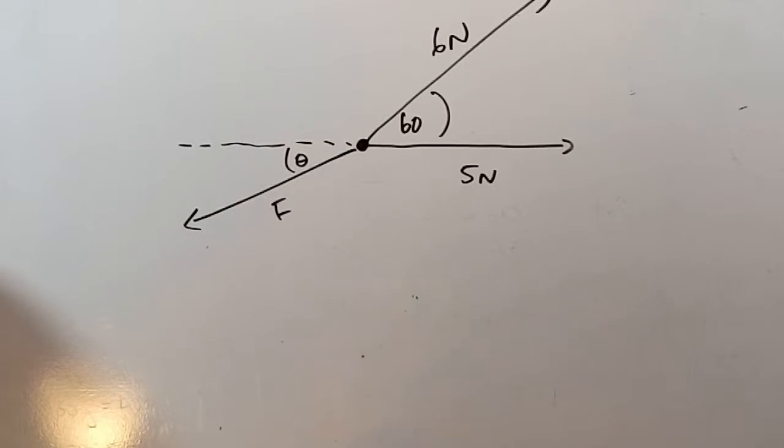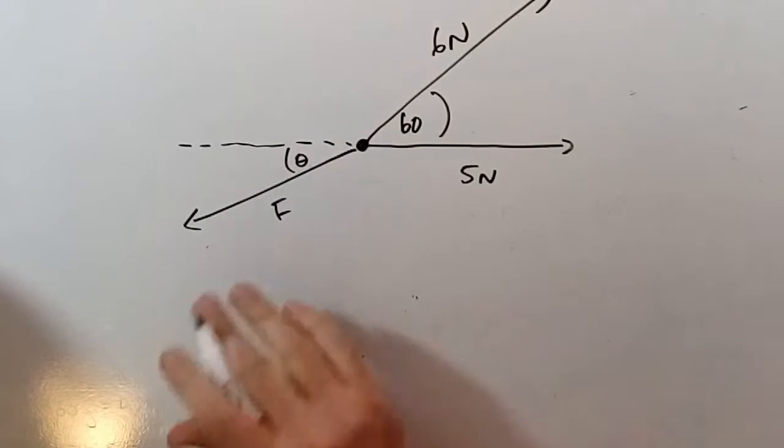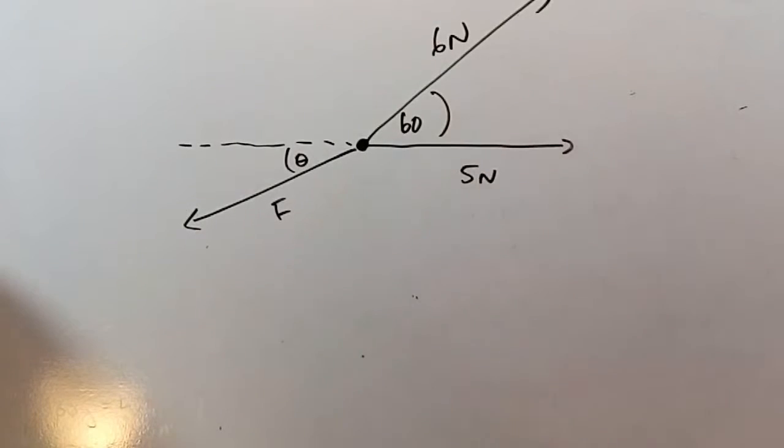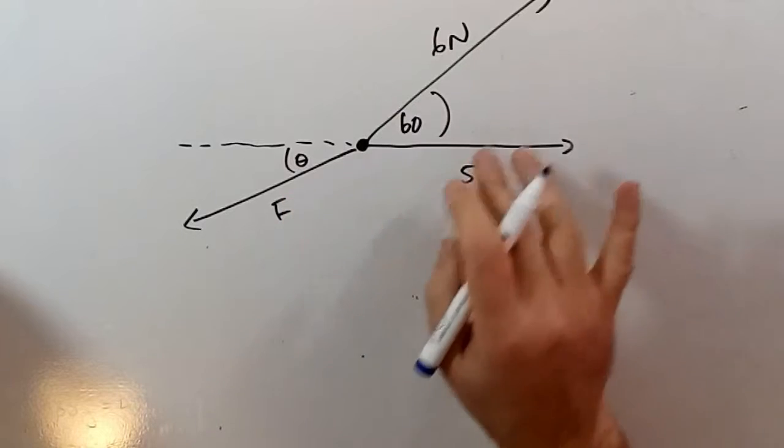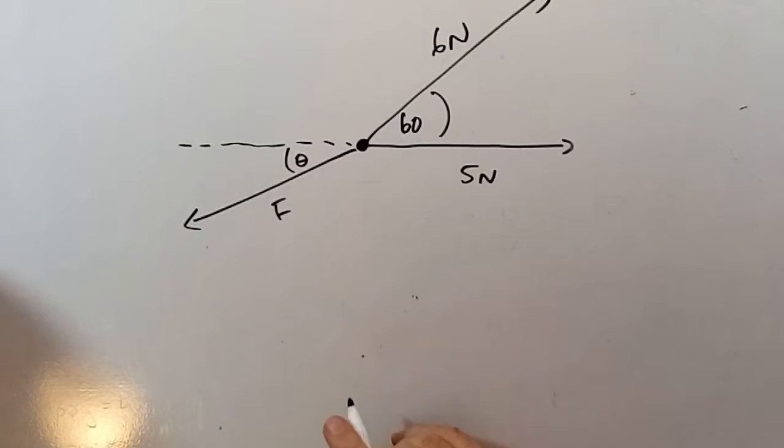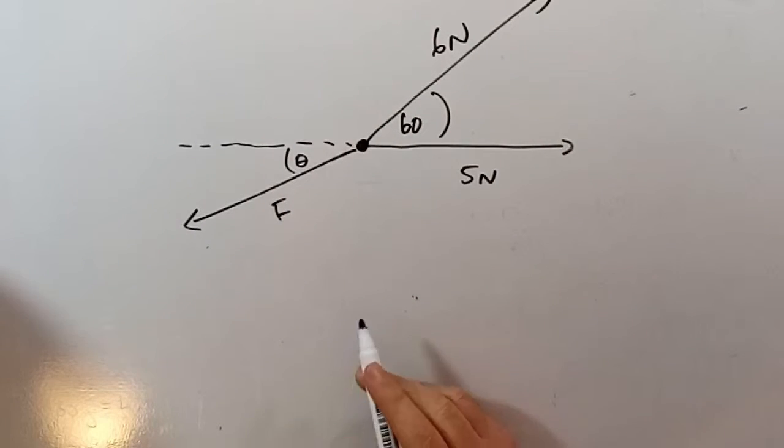So we could set this up using Lami's theorem and solve, because we have 3 forces, except the other way works for everything. This only works if we've got 3 forces in static equilibrium. This is the only situation this is going to work for.